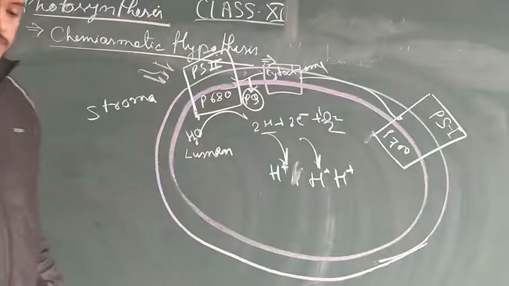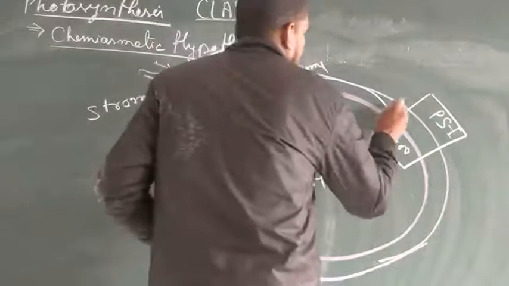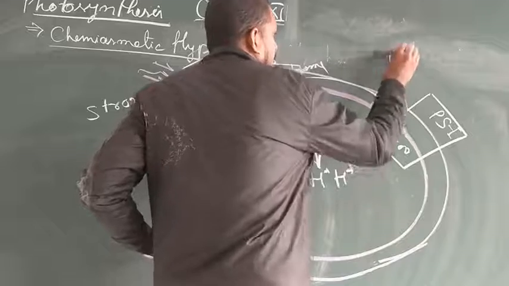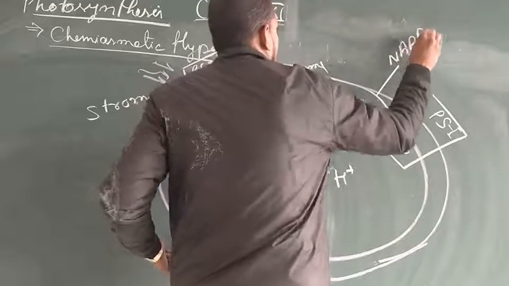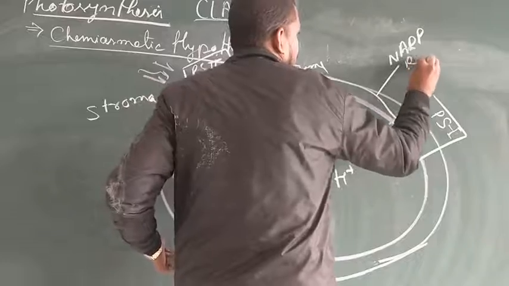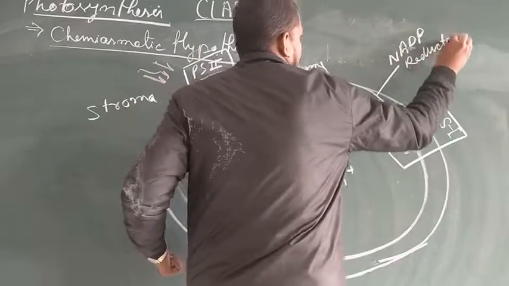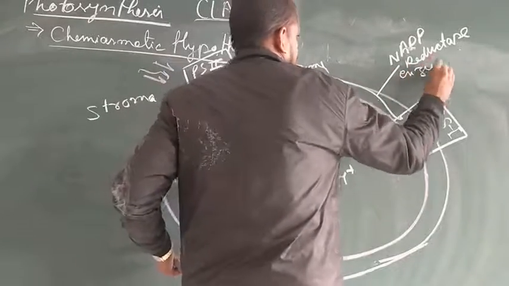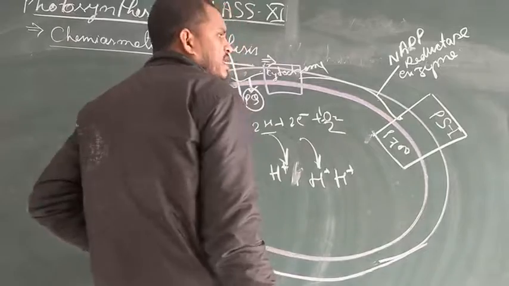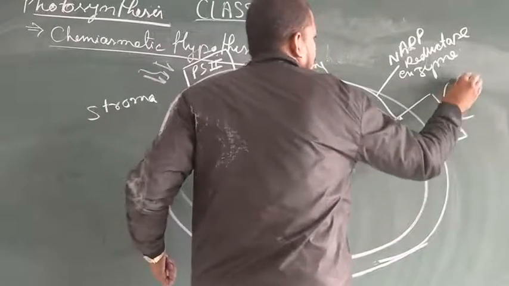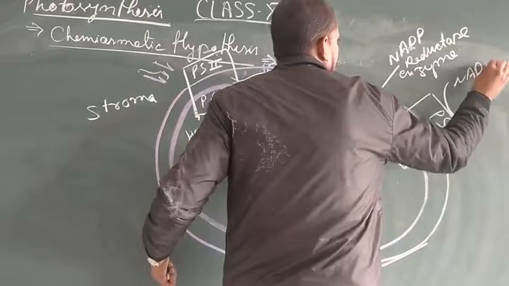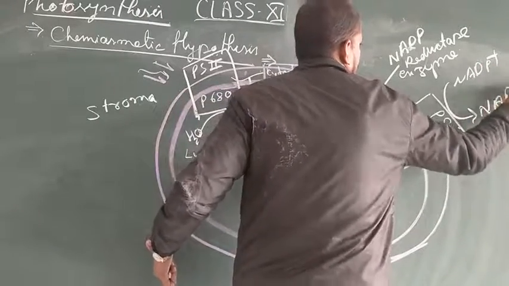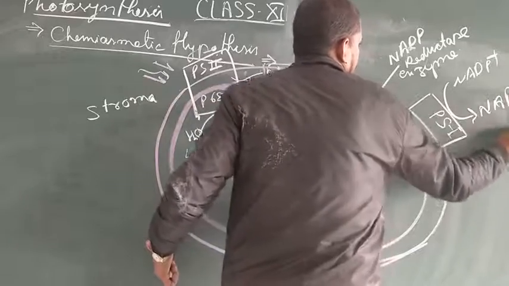And what happens in the membrane? There is an enzyme called NADP reductase. The NADP reductase enzyme is present, and this enzyme causes the conversion of NADP plus to NADPH plus hydrogen ion.